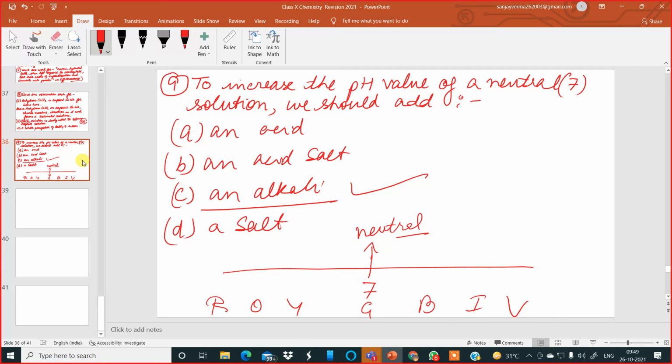Now pH starts from 1, 2, 3, 4, 5, 6, and 7, 8, 9, 10, 11, 12, 13, 14. If you want to increase the pH of a neutral solution beyond 7, you have to add an alkali. Then the pH will become 9, 10, 11, 12, 13, and so on. So that is question number 9. Is that clear? This is also one good question.